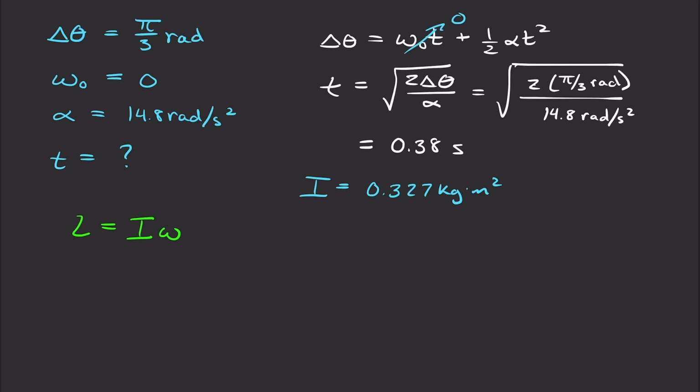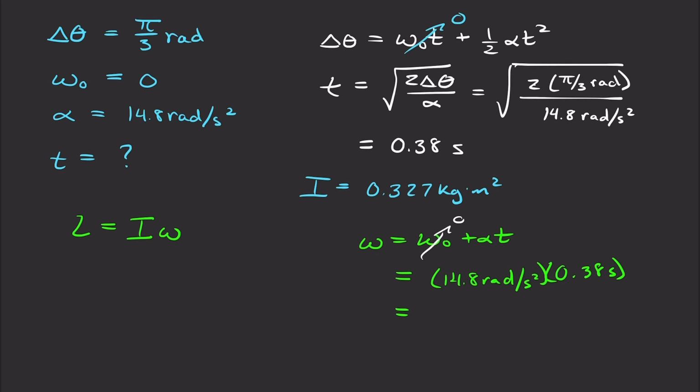Omega equals omega naught plus alpha t. We now know how long it's going to take, and omega naught is 0, so we can just plug in. Omega is equal to alpha, 14.8 radians per second squared, times the time, 0.38 seconds.